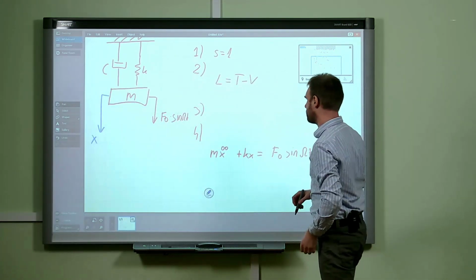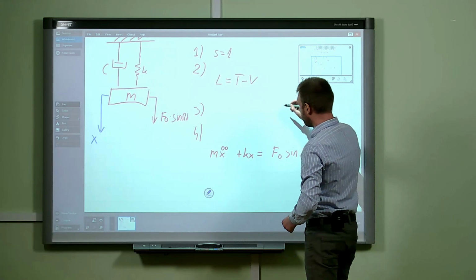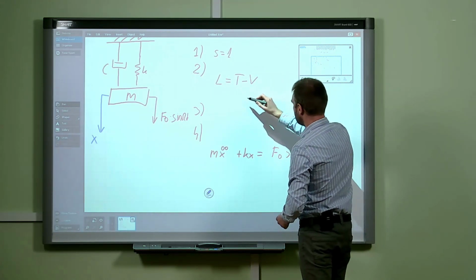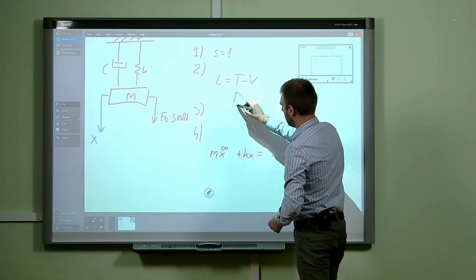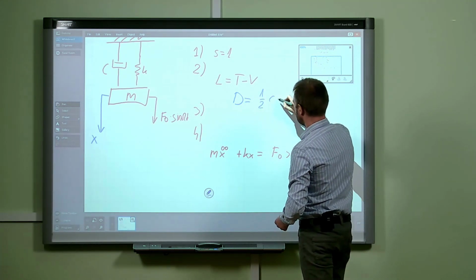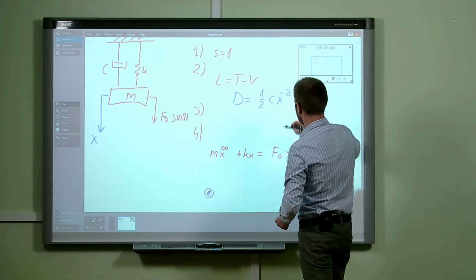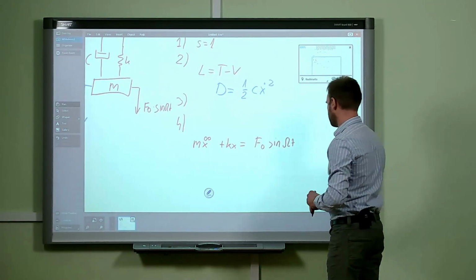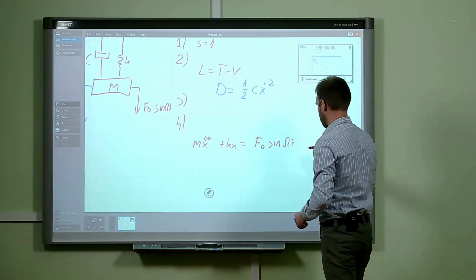If we want to take into account c, we also have to include the dissipative potential of our system. And we stated that it will be 1 over 2 c x dot squared. You can check it in the video about damped free vibrations.